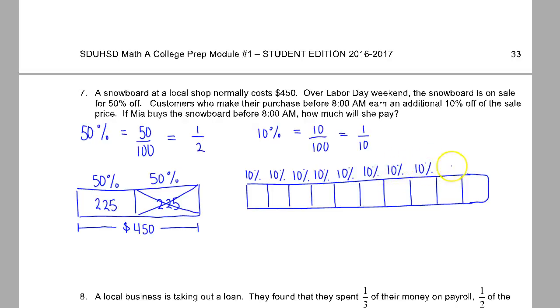Now remember, at this point, the snowboard is on sale and costs $225. So I'm taking the sale price of $225 and dividing that into 10 equal parts. 225 divided by 10 would be $22.50. So I'm placing $22.50 into each of these boxes.